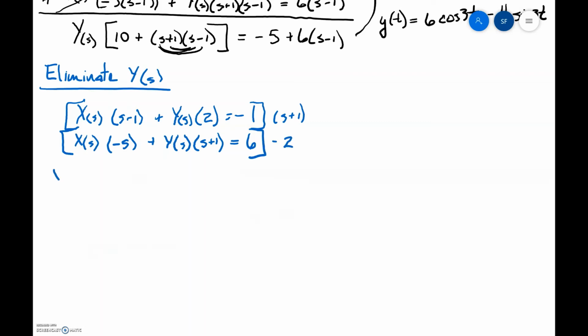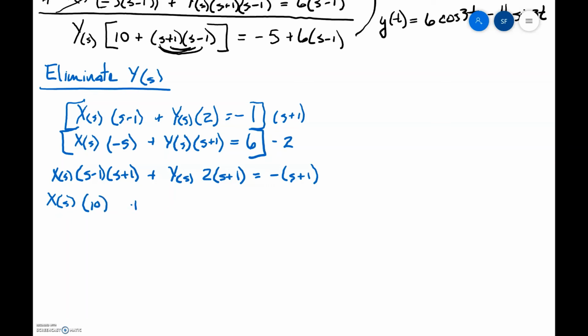When you multiply that out, you get (s minus 1)(s plus 1) X of s plus Y of s times 2(s plus 1) equals negative (s plus 1). Multiplying the negative 2 times the bottom, you get negative 10 X of s plus Y of s times negative 2(s plus 1) equals negative 12.